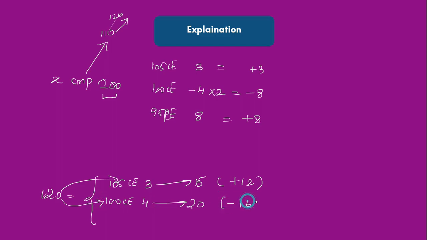So I'm losing 16 into 2 because I've sold 2 lots, that is 32 rupees. And the 95 call, which was at 8, would become 25, because the difference between 95 and 120 is 25, giving me a profit of 17 rupees. So again, my maximum loss is minus 3 only.